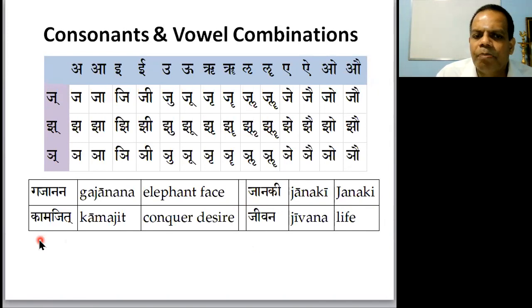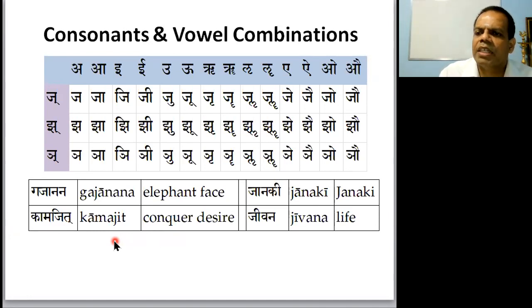The next word is Kamajit. Okay. Jit means one who conquers, who wins, who is victorious. Kamajit means one who conquered desire. One who has conquered desire is called Kamajit.